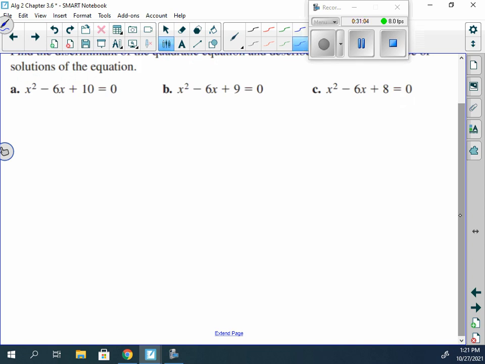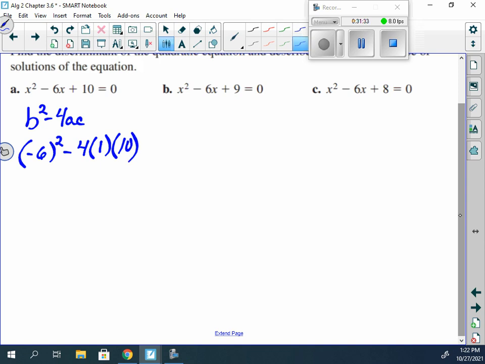So when we look at this here, x squared minus 6x plus 10, we want to find the discriminant and tell how many solutions, or what kind of solutions, we will have. So here we're utilizing the b squared minus 4ac. Well, here b is -6, minus 4, and a is 1, and c is 10.